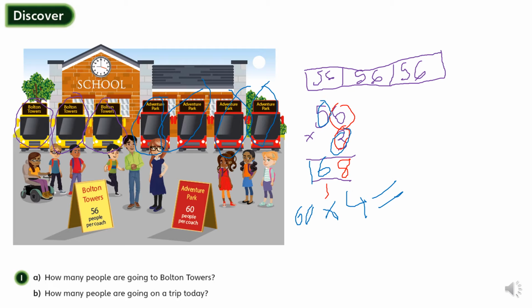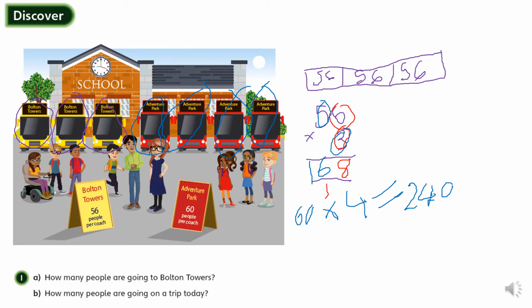But I'm not doing 6 multiplied by 4, I'm doing 60 multiplied by 4. So I know that I need to times that number by 10, which makes it 240, because I've moved my 2 and my 4 one place to the left and added my placeholder as the 0.